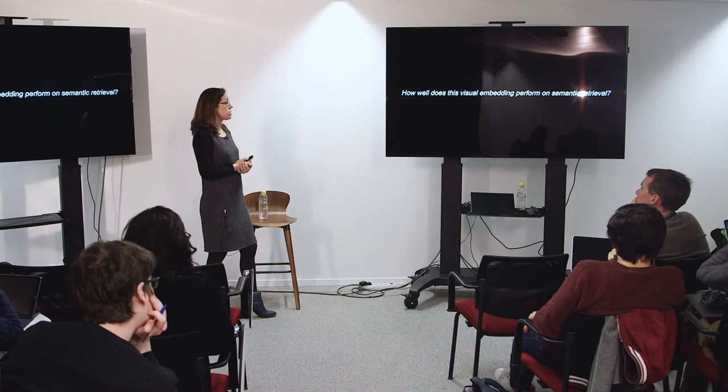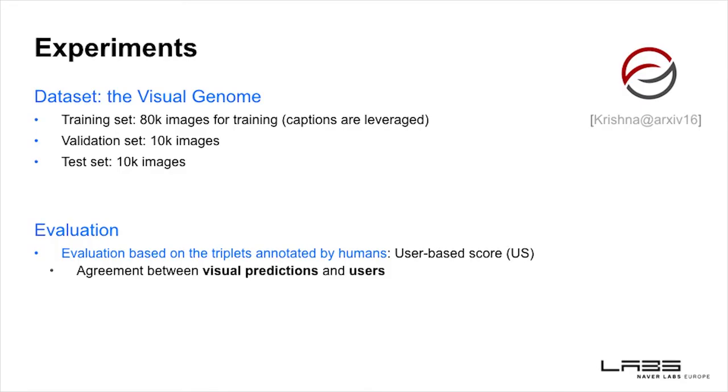Obvious question, well, does it perform well? So our evaluation we did on the Visual Genome. This Visual Genome is the one we use for training. So we split it. We use 80,000 images just for the training, where captions are leveraged, because we're allowed to use them for training. For validation and test, we have 10,000 images, and we don't use text at all.